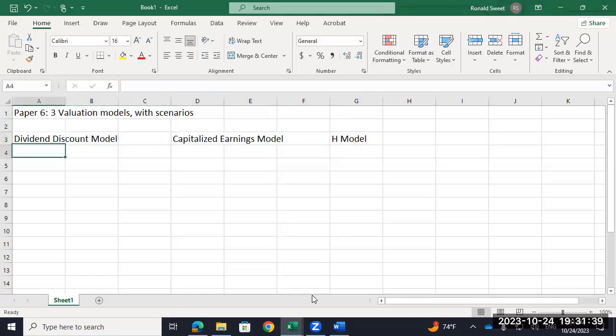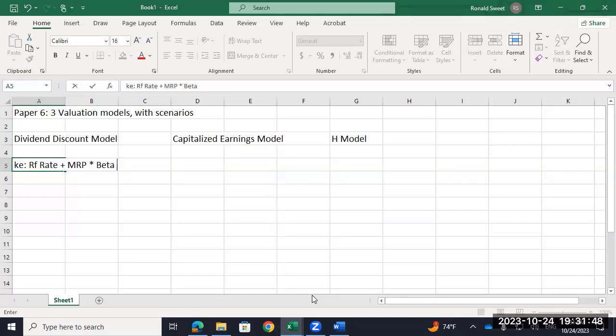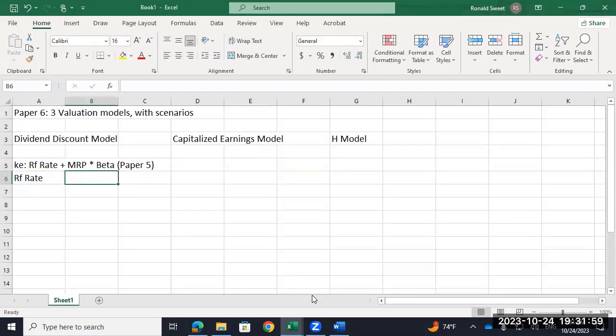So for all of these, you need your KE, which is the risk-free rate plus the market risk premium times beta. So you did that in paper 5, so you already have that. So what I'm recommending here is risk-free rate, just have one of them.